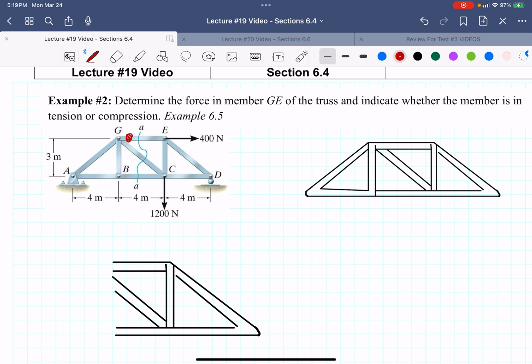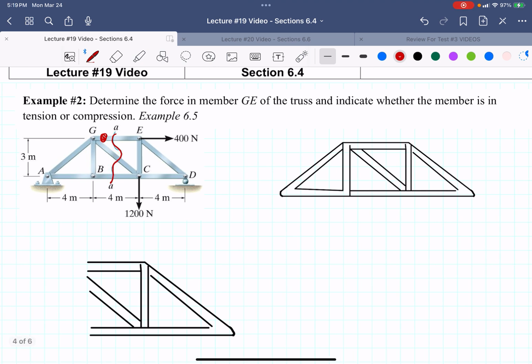So I'm going to cut this truss at this line AA, and it looks like whether I take the right or I take the left, I'm going to need to know some support reactions because they both have support reactions in them.